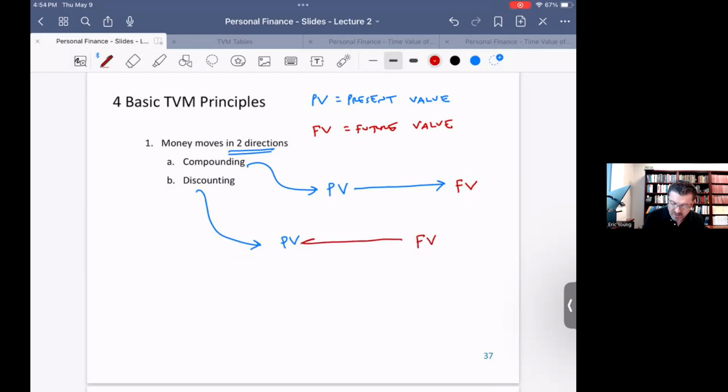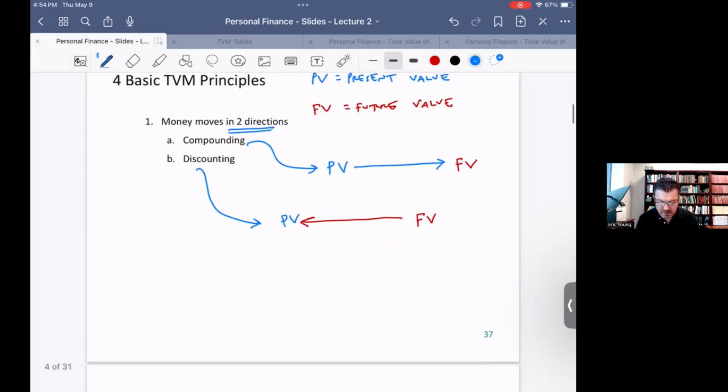Discounting, and you may have heard the term discount rate, for example, is the movement of money from the future back to today. Okay, money can move in 2 directions, forward and backward, from the present to the future, from the future back to the present. Compounding and discounting are simply the very specific terms that we use.